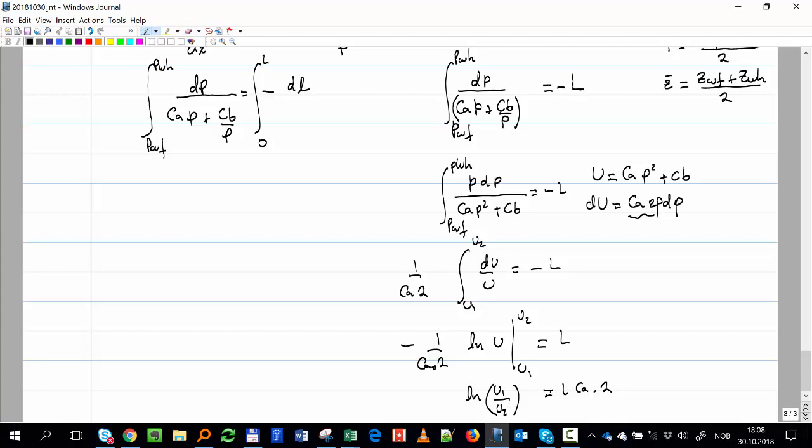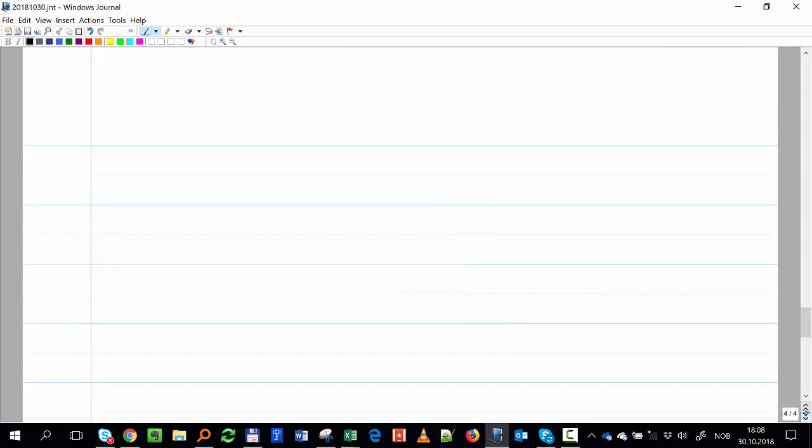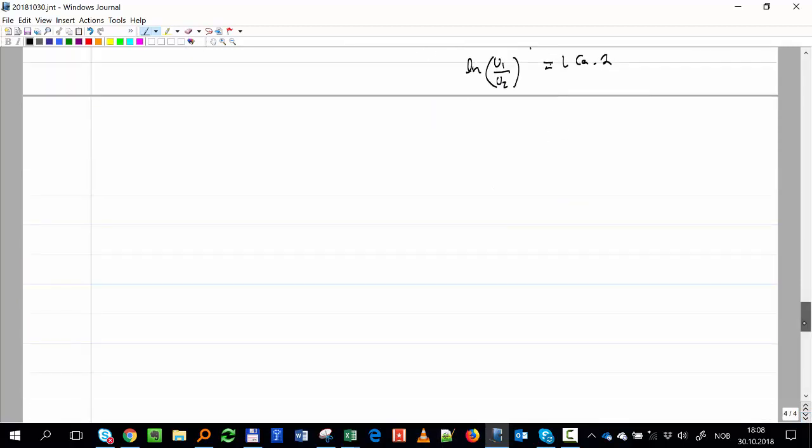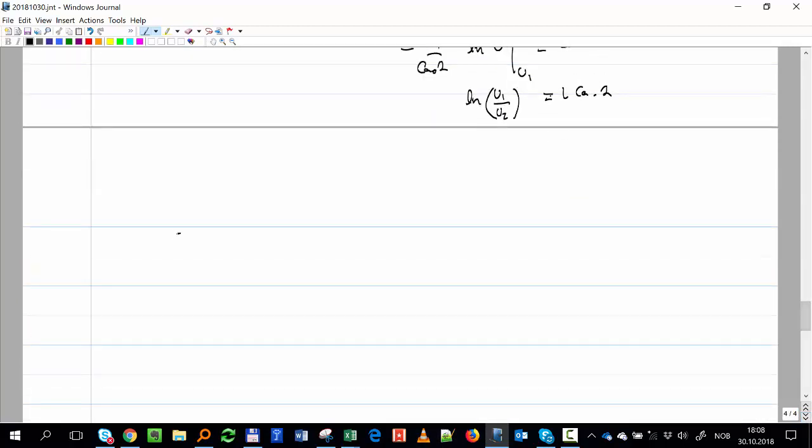Yes? So now the next step, I'm going to apply the exponential to both sides. e to U1 over U2 equal to e to L Ca 2. And that factor I'm going to call S. So S will be L times Ca times 2.